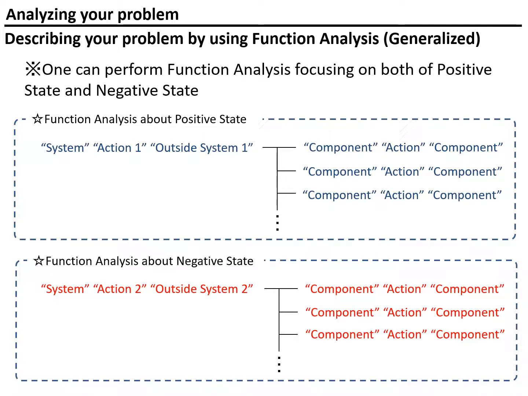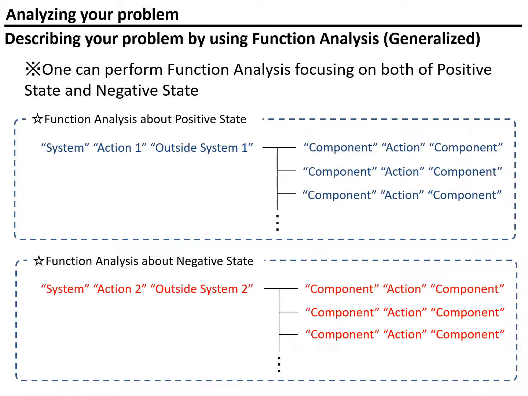Okay, let me generalize what I have explained about the description of your problem by using function analysis. You should perform function analysis focusing on both positive state and negative state respectively. First, function analysis about the positive state. You could describe your positive state by a normal sentence, but try to translate it into the form of a function, subject, verb, object, in this case, system, action 1, outside system 1.